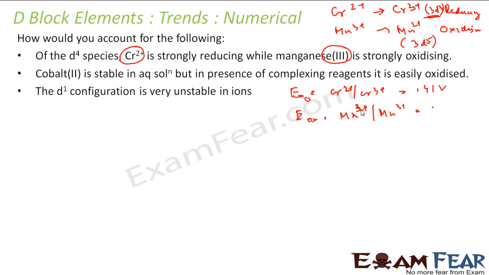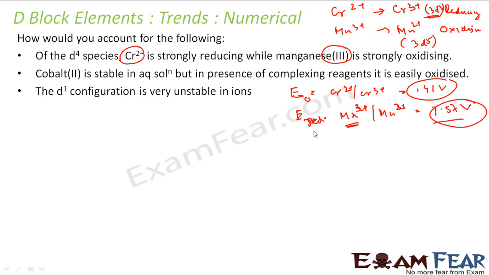I'm talking here about E reduction. So you see, Mn3+ can easily reduce and Cr2+ can easily oxidize. So these values are all positive.